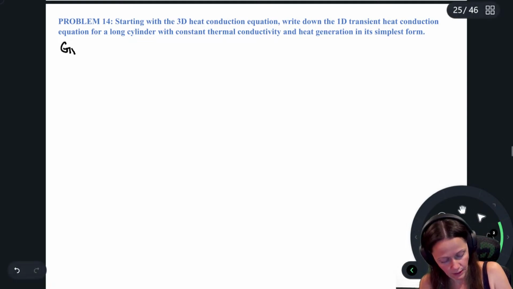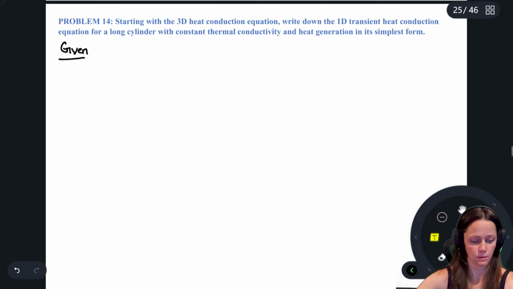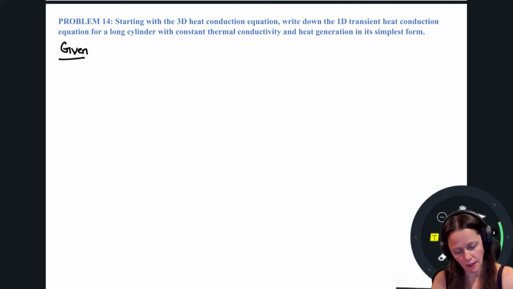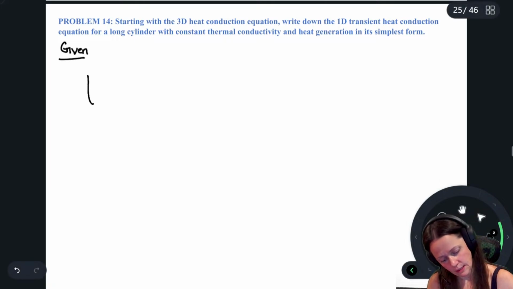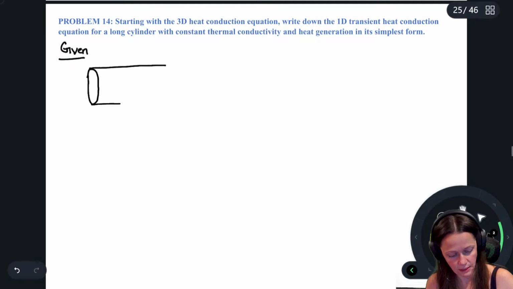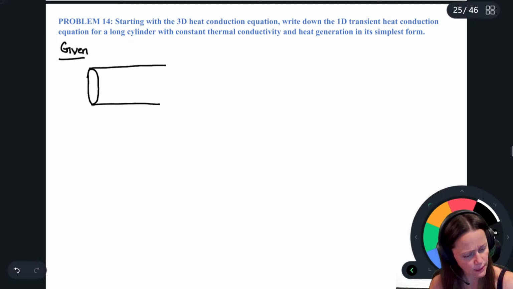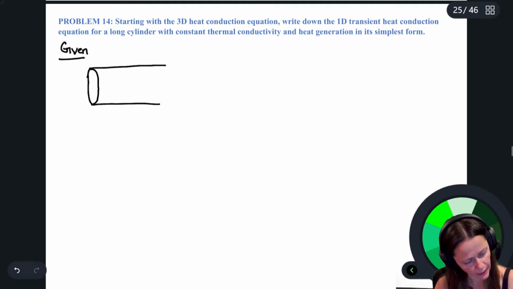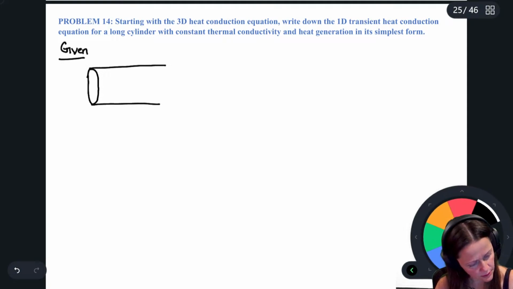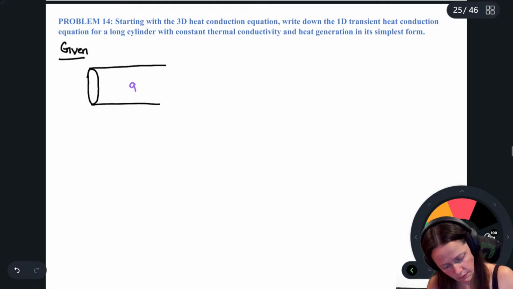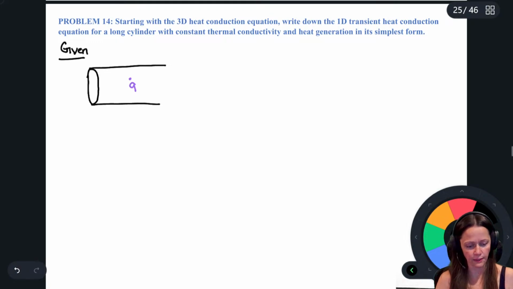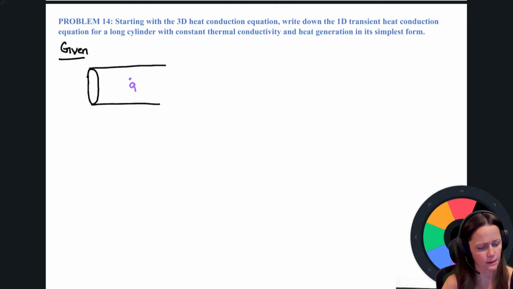So let's go ahead and write some stuff here. So there's my cylinder. And I do have heat conduction, so I'll put a little Q dot there.